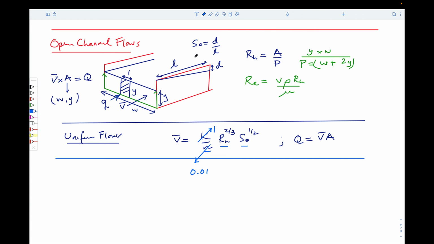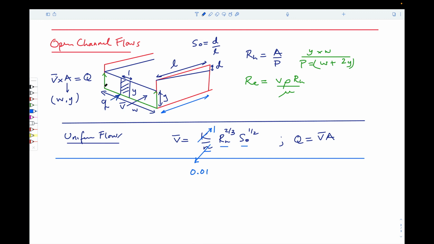The slope of the channel bed is given by the drop in the bed over a given length. So this would be the length here, given by the drop that occurs. And the hydraulic radius is just the cross-sectional area of this flow divided by the perimeter. The perimeter is equal to this green curve here.